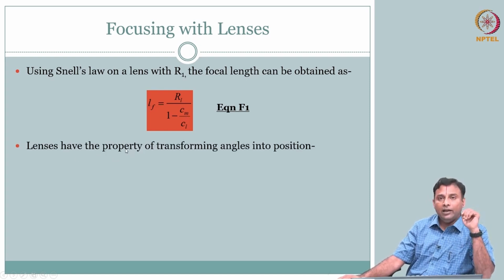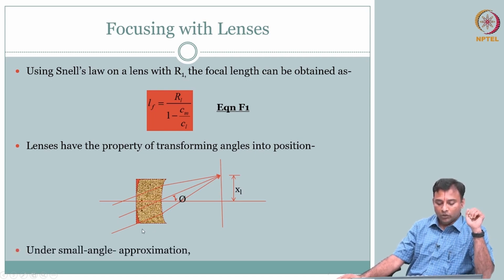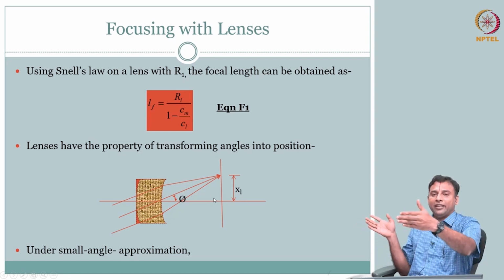So what does this lens do? Oh, it transforms position. More importantly, for example, if it comes and hits at an angle, this angle is transformed to position. That's what this lens is trying to do. Okay. So if we do that, under small angle approximation, given this, so this is your FL, the idea is it is going to reduce the spread.